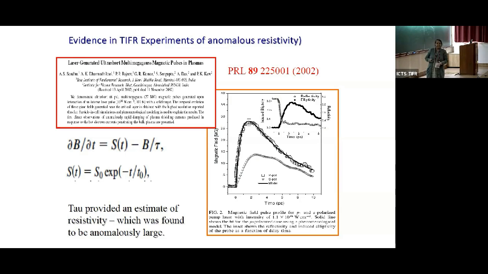The experimental evidence that there is indeed turbulence was provided by an interesting experiment done at TIFR Mumbai, where a laser, the pump beam, was incident on a target. It was a pump-probe experiment.